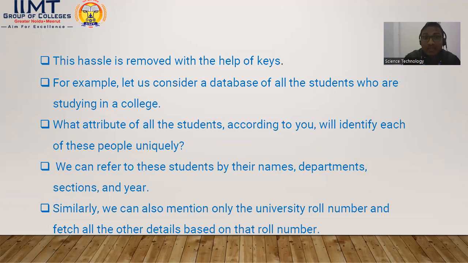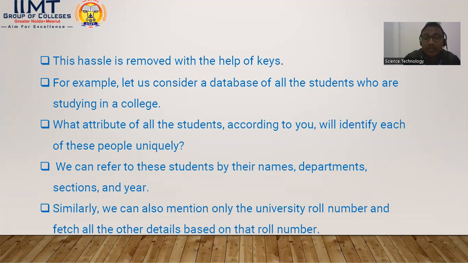For example, let us consider a database of all the students who are studying in a college. What attribute of the students will identify each of them uniquely? We can refer to students by their names, roll numbers, branch, section, year.